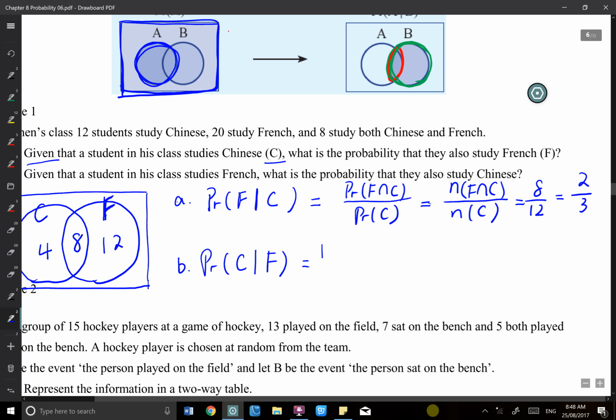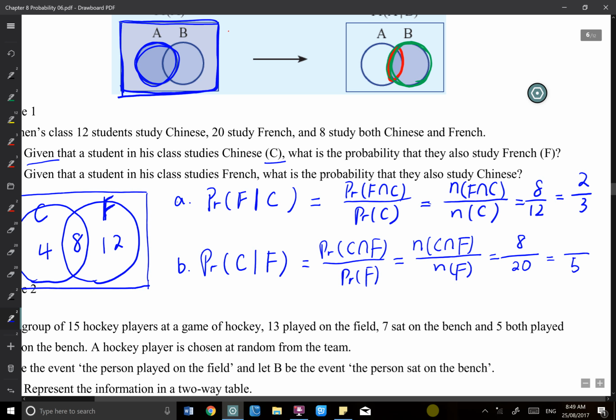Then it will be the probability of Chinese intersects French divided by the probability of French. Then you will have number of Chinese intersects French over the number of French. Intersection will always be 8, but French will be 20 here. 2 on 5. Okay, 2/5.